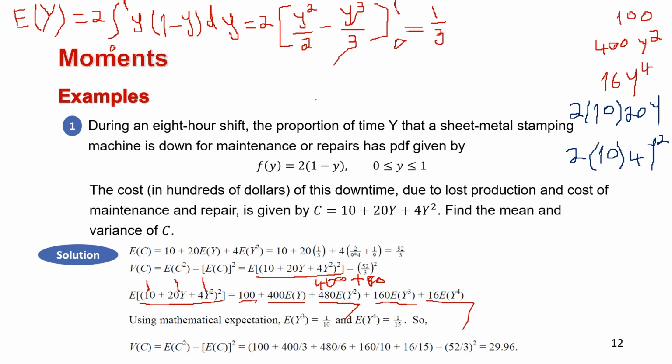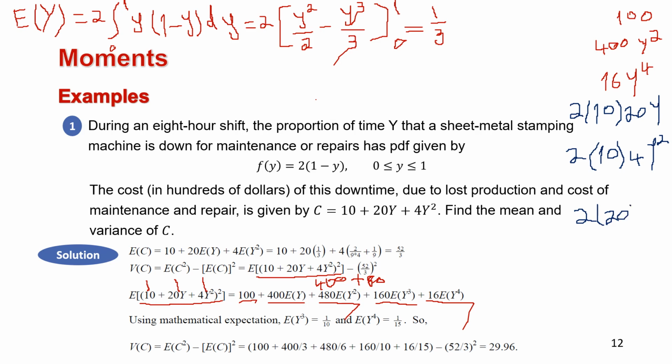We multiply the first term times the second term times 2, and then the first term times the third term times 2, and then the second term times the third term.